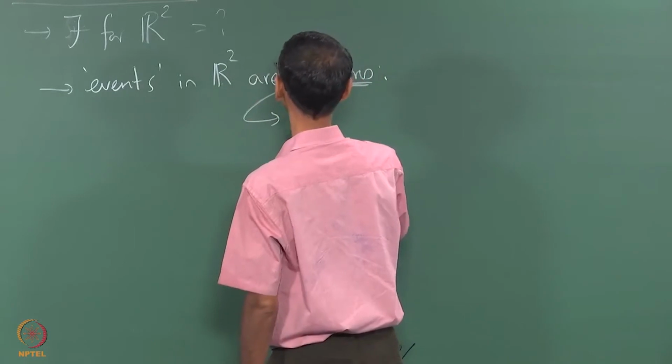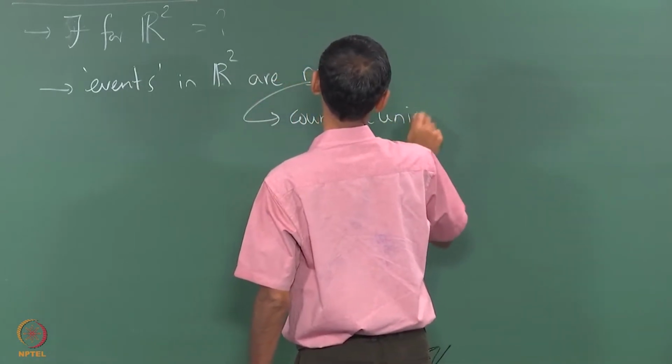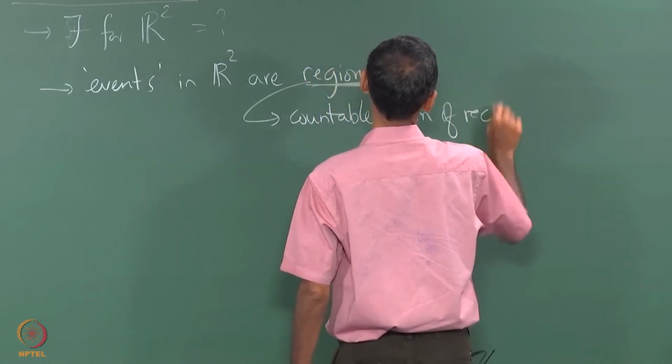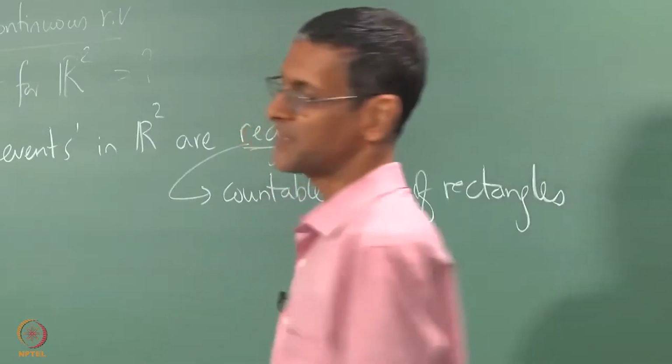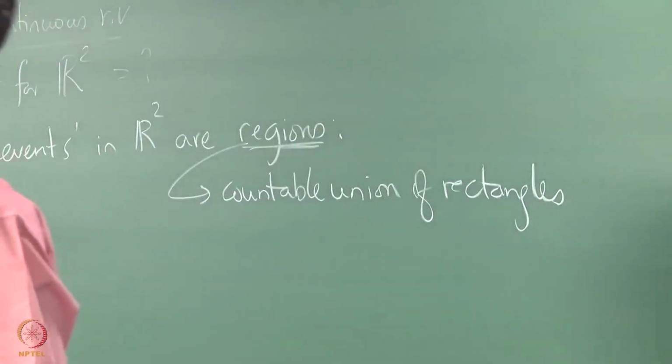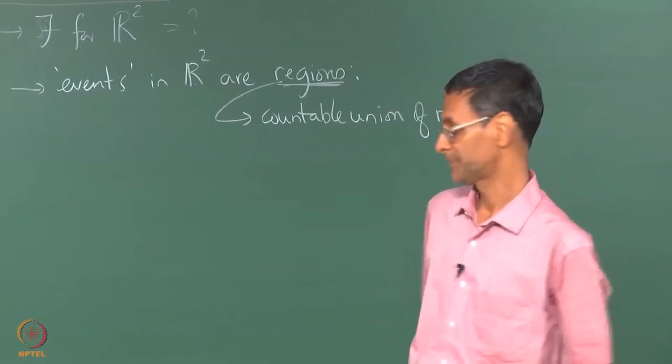What is a region? And again, to make life simple for us, we will start out with the most basic rectangle that we can think of, right, which is basically dx dy, right.